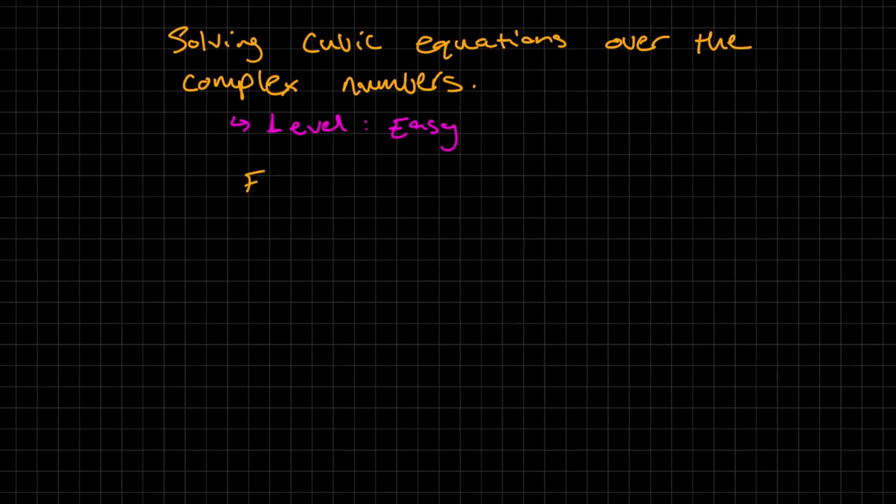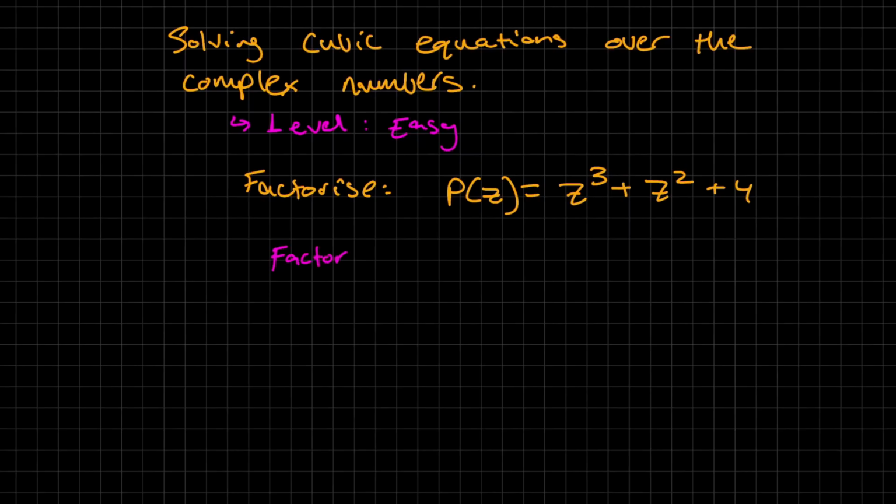Let's first factorize p of z, where p of z is equal to z to the power of 3 plus z squared plus 4. Now, we know from our prior work with polynomials that we can use the factor theorem to figure out our first factor.